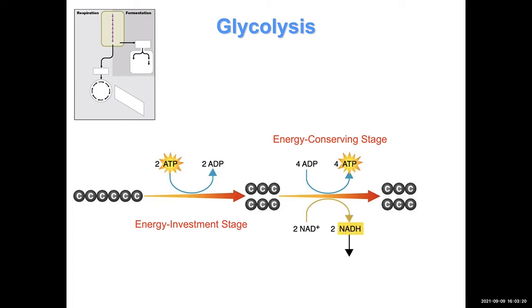These reduced coenzymes, specifically the NADH, will then travel to the electron transport chain, where through a series of redox reactions, or oxidation reduction reactions, they will generate a large number of ATP. But we're not there yet. This is just an overview of what's ahead, okay?